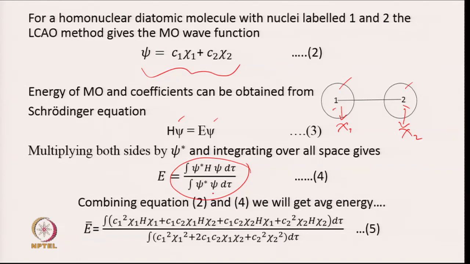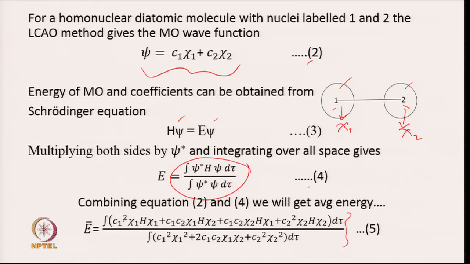Combining equation 2 and equation 4, let us put psi at this place. When you plug in the value of psi, you get this whole term. Basically, you take psi star, the Hamiltonian, multiplied by psi d tau and integrate, and in the denominator you integrate psi star psi d tau.